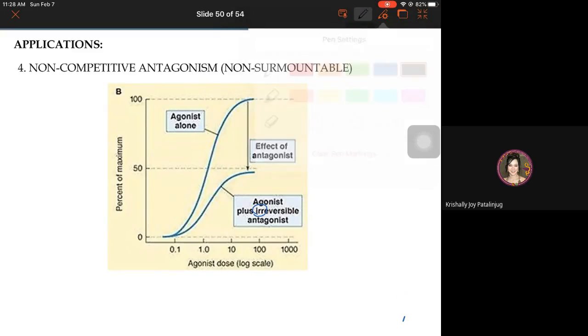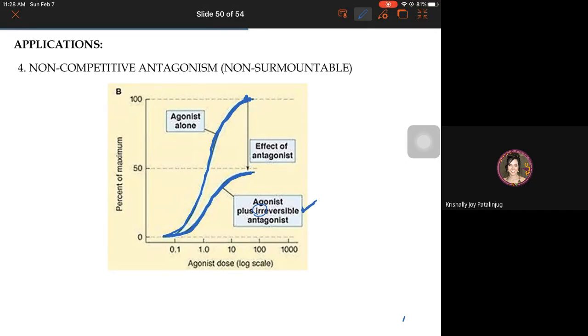That is why here from the plot, you originally have the agonist alone. Then, in the other plot line, what happened here? Why is it lesser? From its maximal effect, the effect of the agonist in the presence of an irreversible antagonist is now lesser. Recall that with an irreversible antagonist, we cannot stop its antagonism.